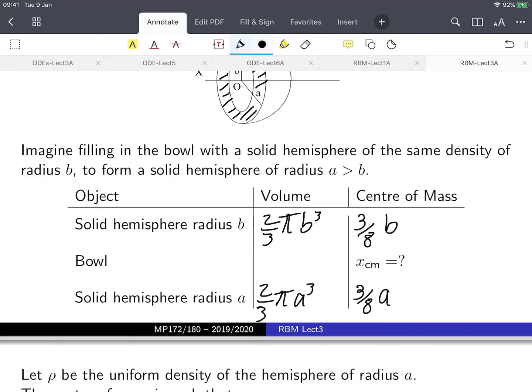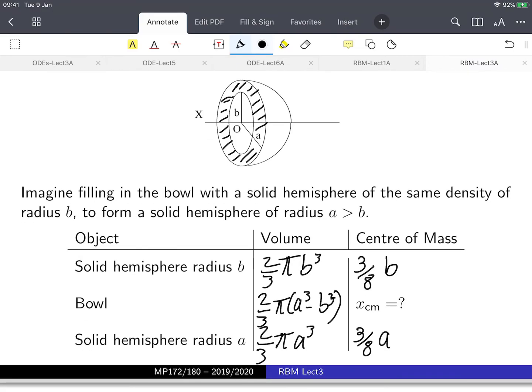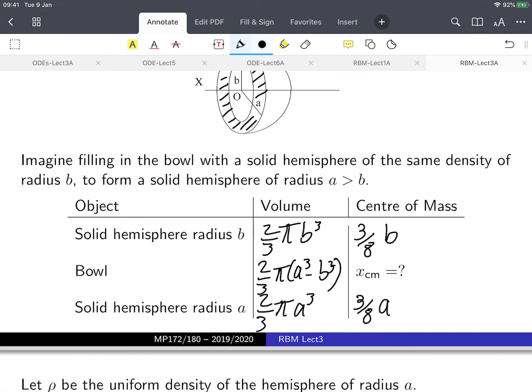And so the volume of the ball is going to be one minus the other. So that was easy. 2/3 pi times A cubed minus B cubed. So, just like in the previous example, I have a table with only one unknown. I can do the calculations quite easily now.